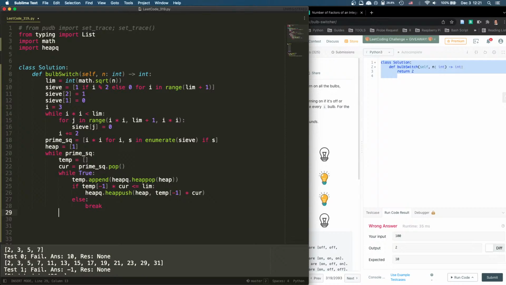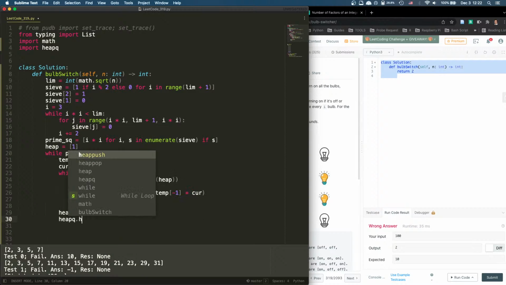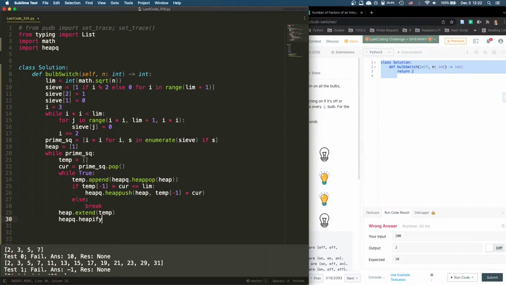So when we come out, we're gonna say heap.extend temp and heapq.heapify heap. So extend the temp, go, and then come up again.